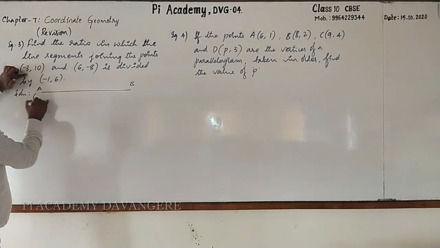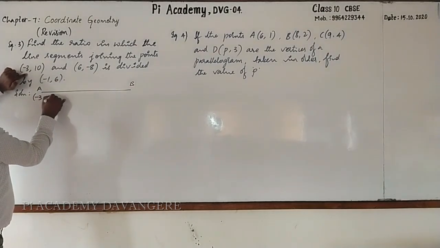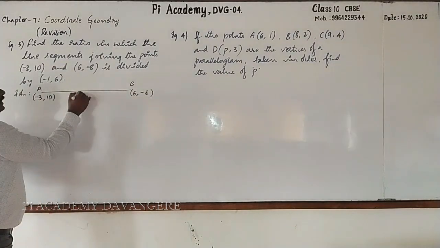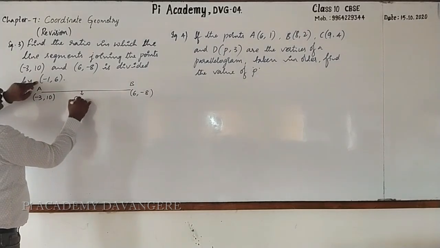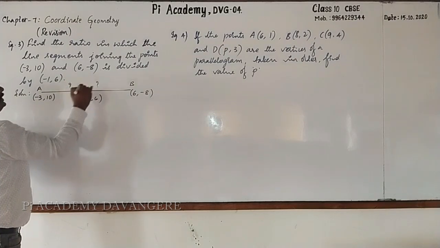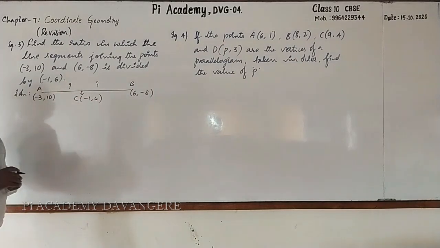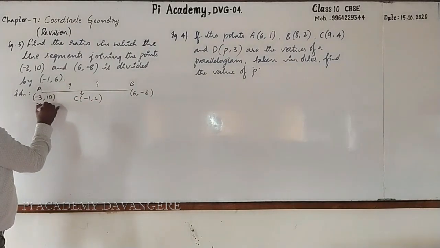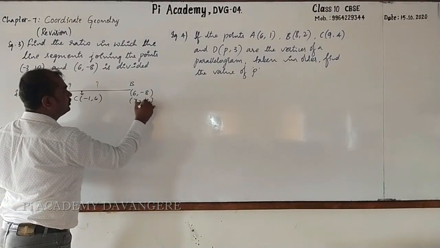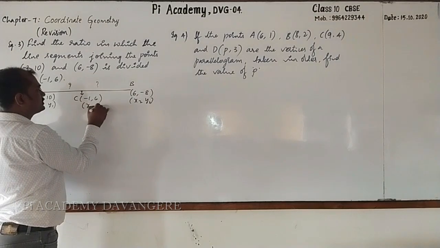The coordinates of these points are minus 3 comma 10 and 6 comma minus 8. There is a point on AB and its coordinates are given, that is minus 1 comma 6, but the ratio is unknown. This is to be found. You may call this as x1 y1 and this is x2 y2 and it is obviously x comma y.